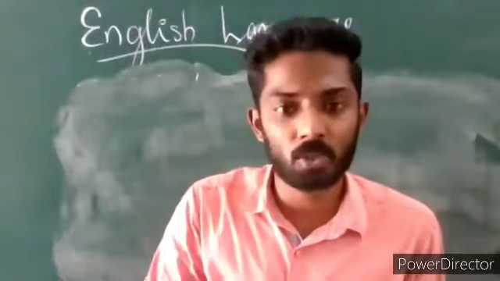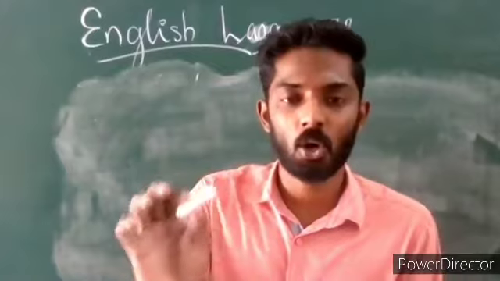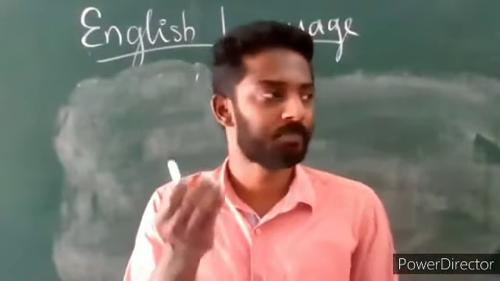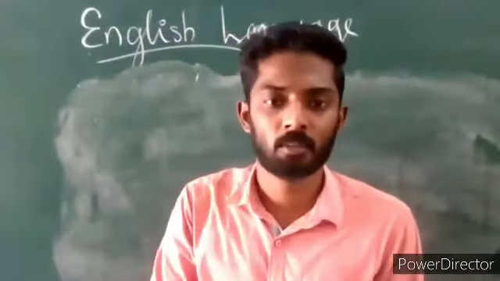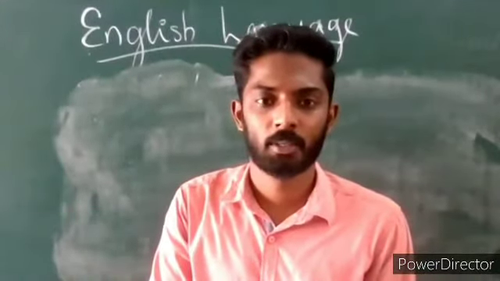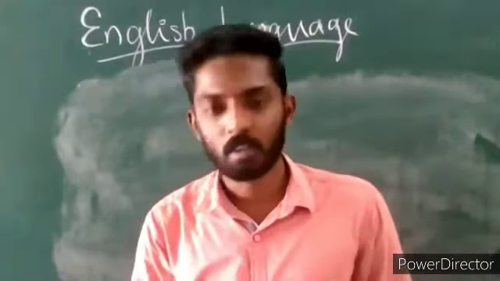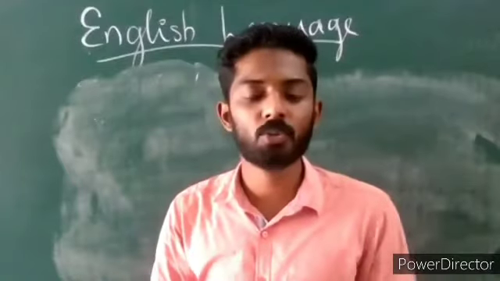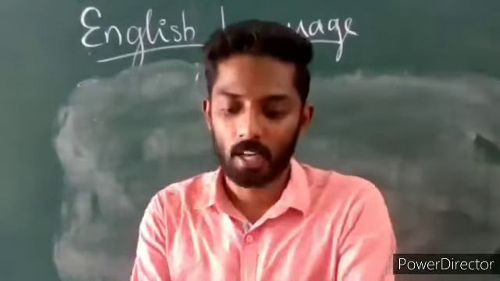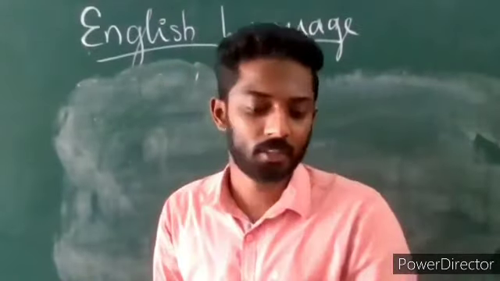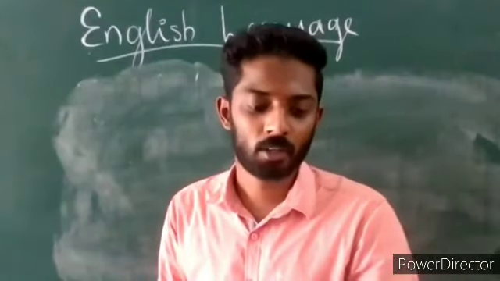So what we can say is, the chalk belongs to me, or the textbook belongs to me, or the textbook belongs to him. Whatever it is. So with stative verbs, we will not use the ing form.